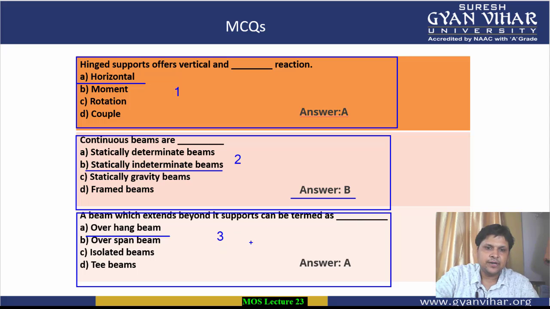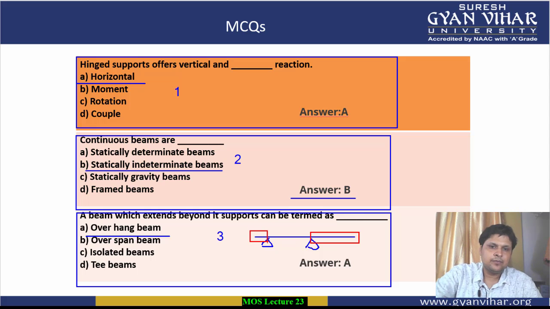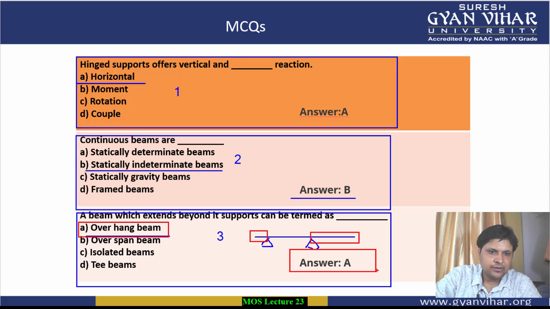If a beam is like this, and if it has supports like this, you can see that some of its parts are outside the supports, meaning some of the part is overhanging. Such types of beams are known as overhanging beams. Option A is the correct option. So this was MCQ number 3.